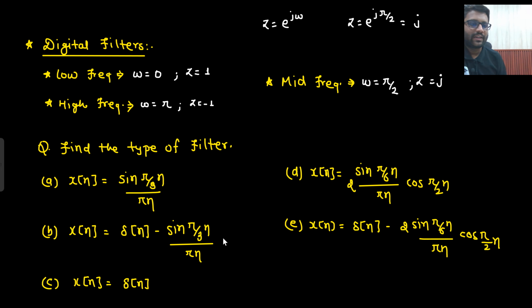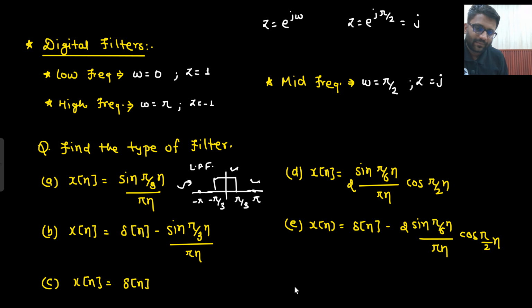What do you think? What kind of filter is that? Low pass filter, right? Because you know the frequency spectrum, minus pi by 3 to plus pi by 3, and then after that it will be repeated, but till pi and till minus pi, you can see that low frequency is being passed and high frequency is being stopped. So what kind of filter is that? Low pass filter.